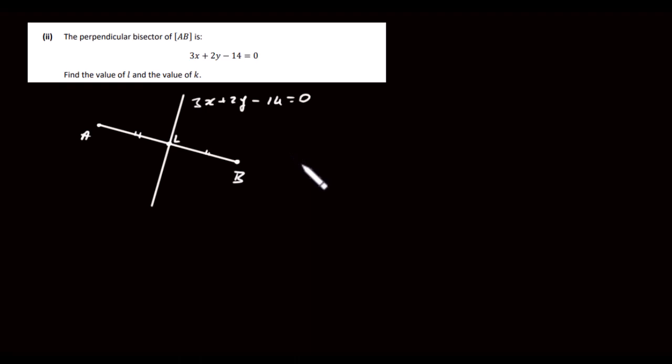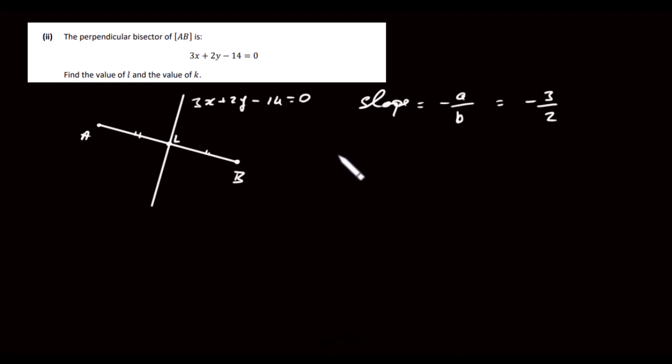Okay, so let's start then. First thing I'm going to do is look at the slope of this line here. From the slope of this line I can find the slope of AB. So the slope of this perpendicular bisector is -a over b, which is -3 over 2.